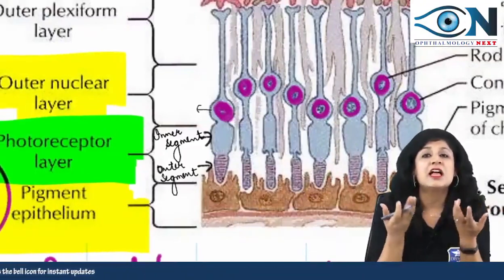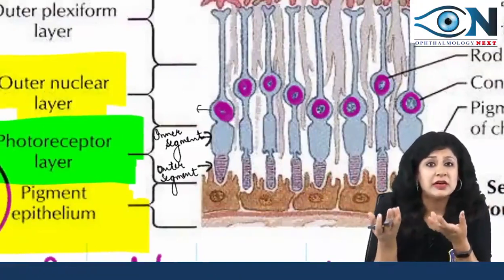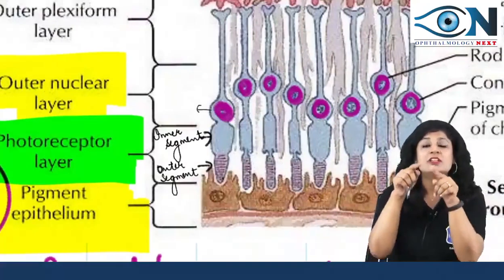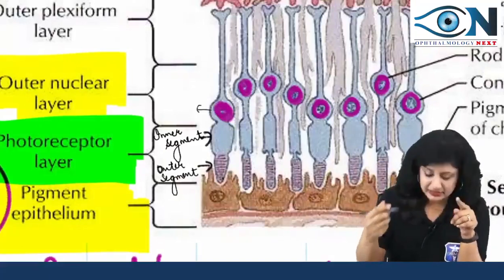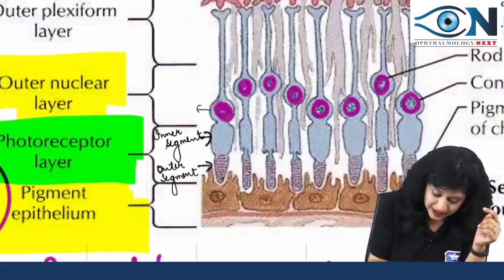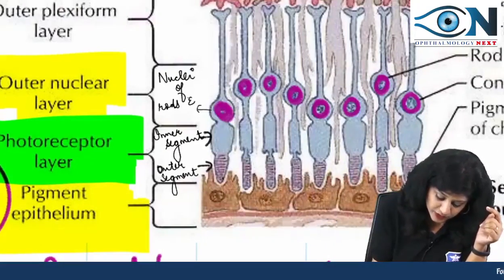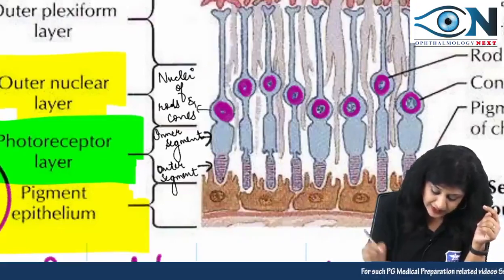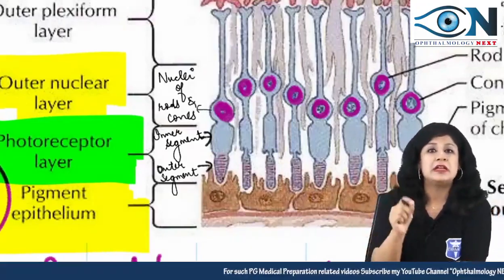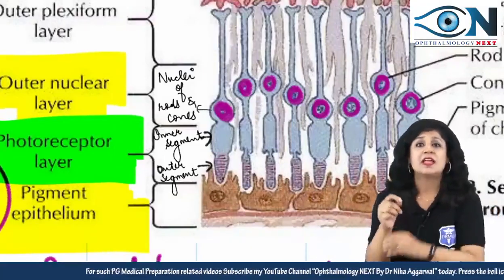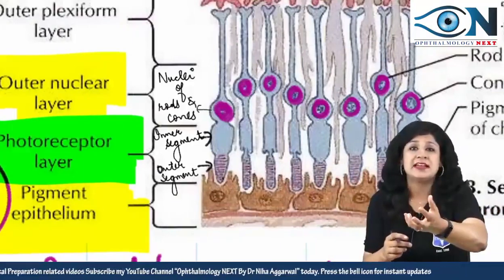Now what does this outer nuclear layer contain? It is the rods and cones which are projecting in this layer. Therefore I will say that it contains the nuclei of the rods and cones. So they are projecting in the next layer, and finally we have got the synapse also.